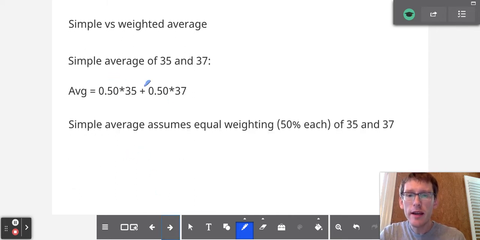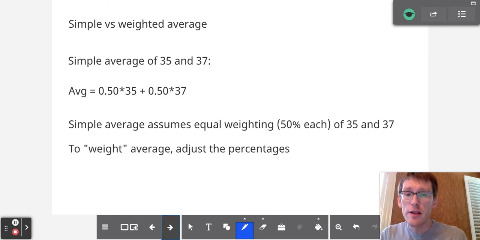But when we express it like this, actually, that 0.50 is like saying 50%. The average of 35 and 37 is, well, considering 50% weight on the 35 and 50% weight on the 37. That means they equally matter. But if we wanted to, we could skew this a little bit.